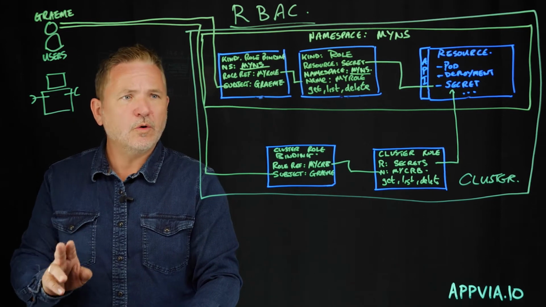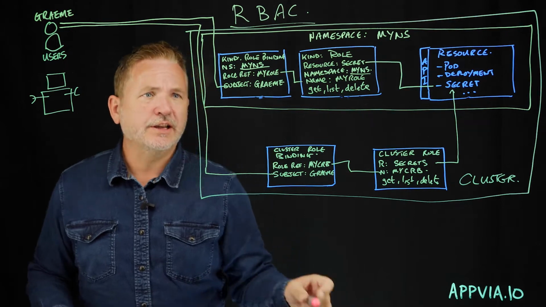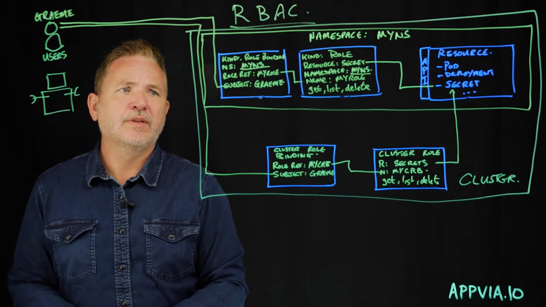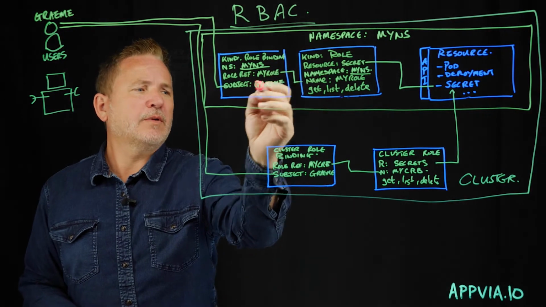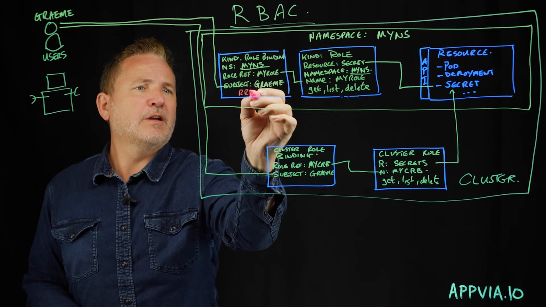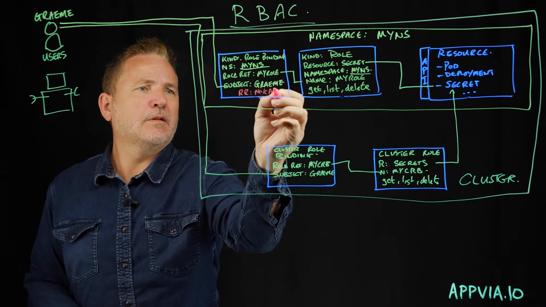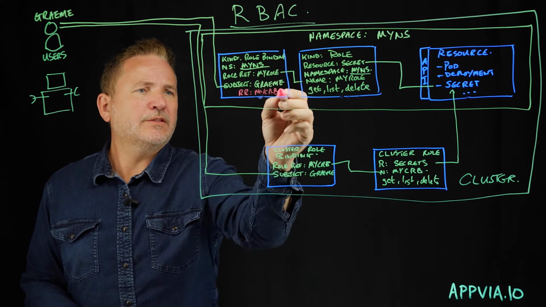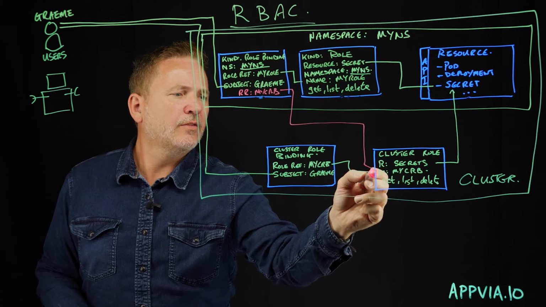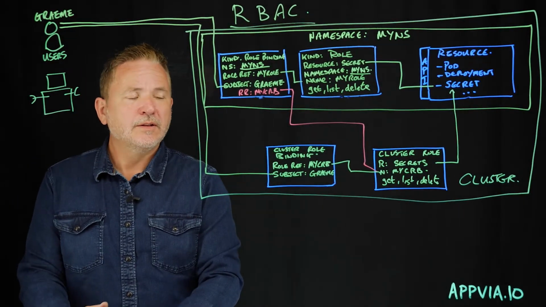Now there's two more things I'd probably like to mention. Actually, roles can access cluster roles. So if I had a role which had a role ref of my CRB, then this role can access this cluster role. So what does that mean?